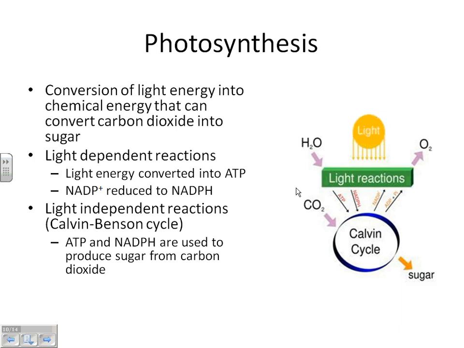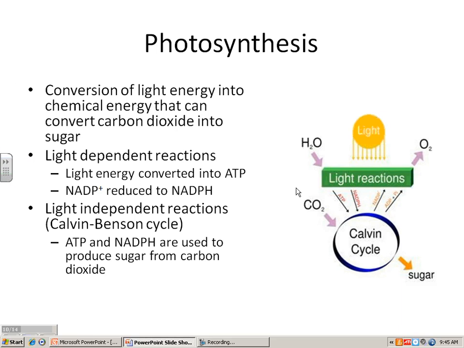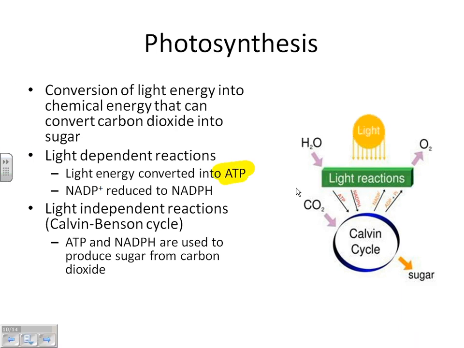Just means that series of reactions does not require light. Now I listed it here for you, but we're going to go through it. The purpose of the light-dependent reaction is making some energy. And also, we make this NADPH. We're going to see we use that as well. The purpose of the Calvin-Benson cycle is to make sugar.